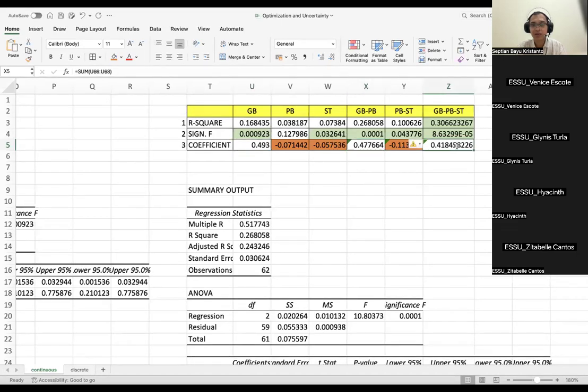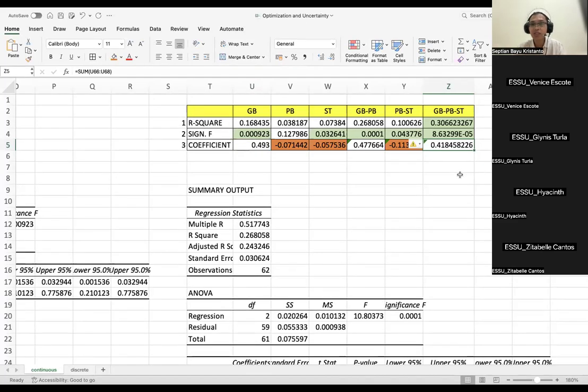The last one is the triple combination of government bond, private bonds, and stock. So if you choose any of these as the best option, it's okay. If you think the government bond and private bond is the best option, it's still okay. If you think the triple combination of investment is best, it's also still okay.